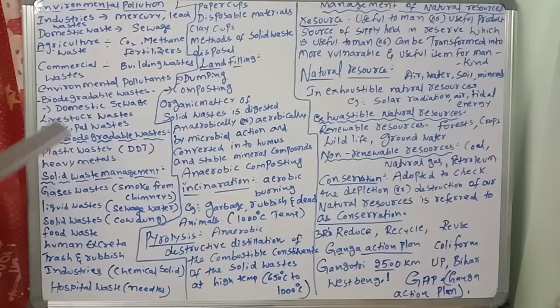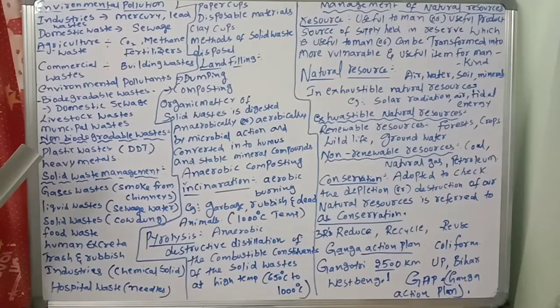Next, biodegradable and non-biodegradable waste. Wastes causing environmental pollution are divided into two categories: biodegradable waste and non-biodegradable waste.